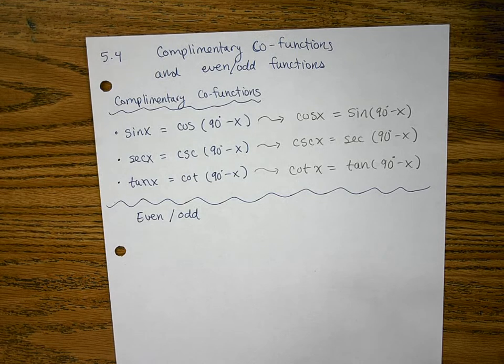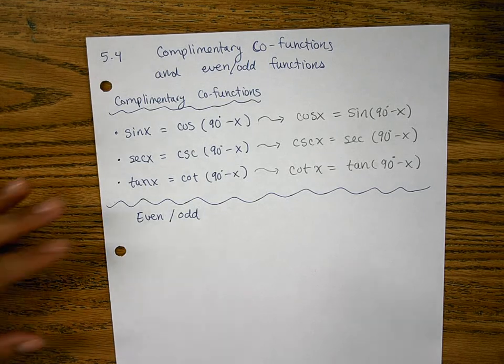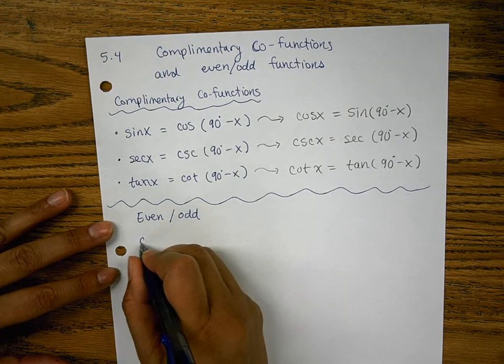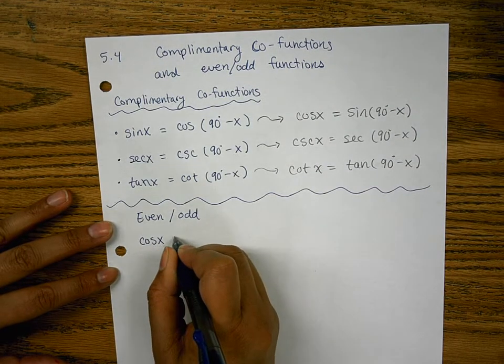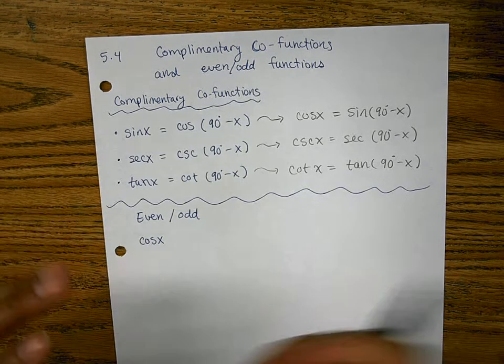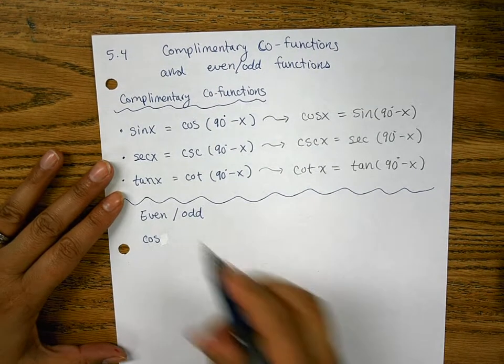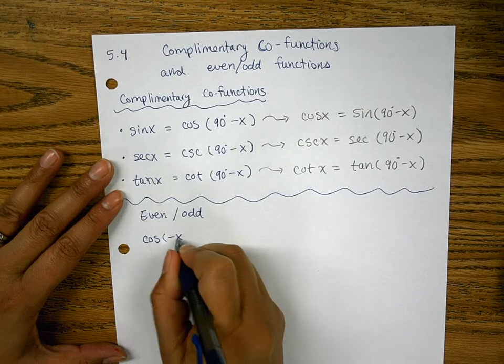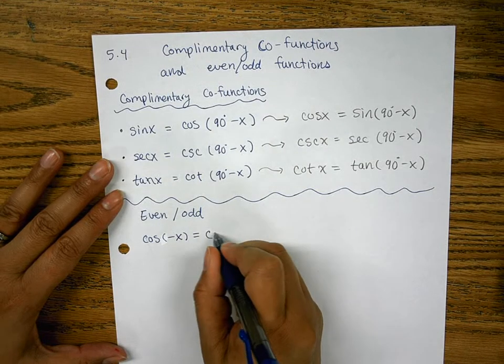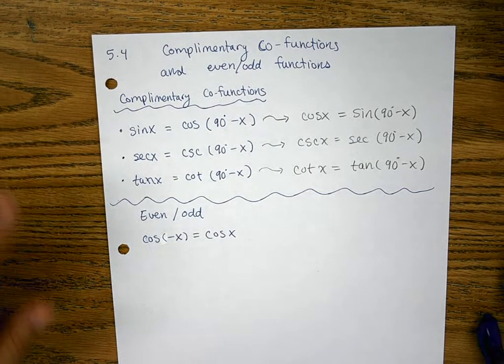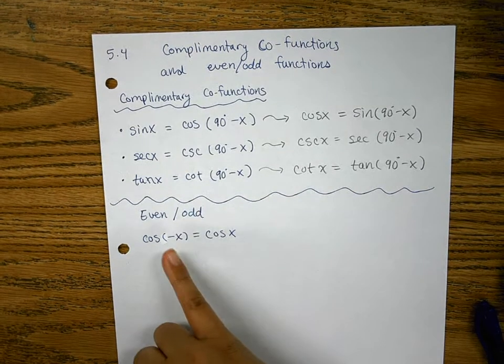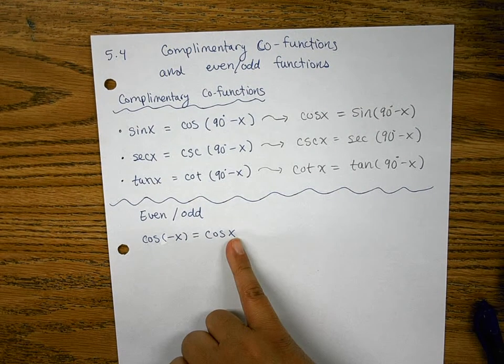Okay, an even function is when you take a function, you plug in the negative, but it does not change your answer. Here's what it looks like. Cosine of negative x will always equal cosine of positive x. Cosine of negative 30 will equal the same as cosine of positive 30.